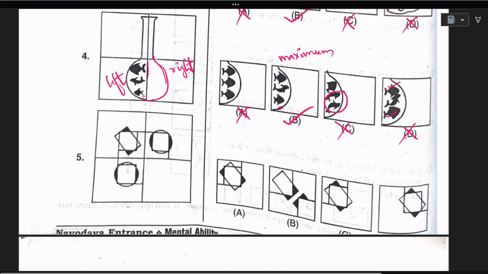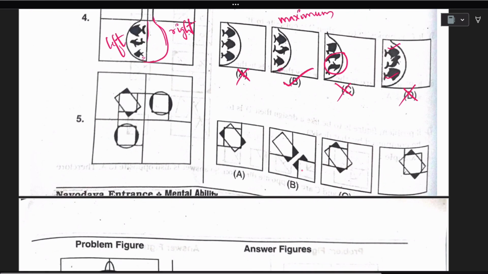And the next one is 5. Here this is the model where diagonally opposite, this one is the same as this one. So we need to draw the picture which is similar to this, right? First of all we will be completing this box, and after completing this box, next we have to draw the figure which is similar to this one.